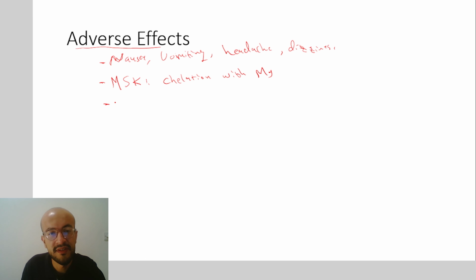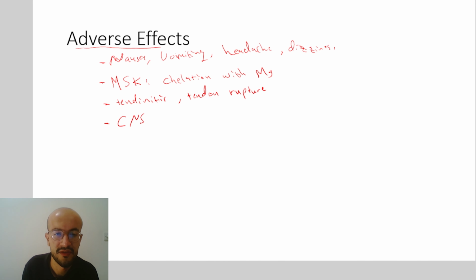They also cause tendinitis and tendon rupture for the same reason of chelation with the magnesium. They also cause central nervous system symptoms, so CNS symptoms, in form of seizures and central nervous system excitation.